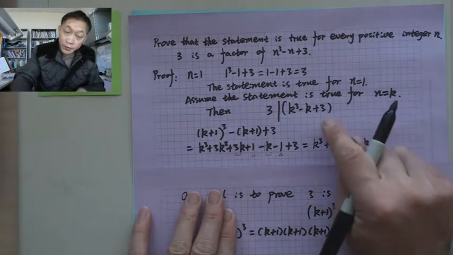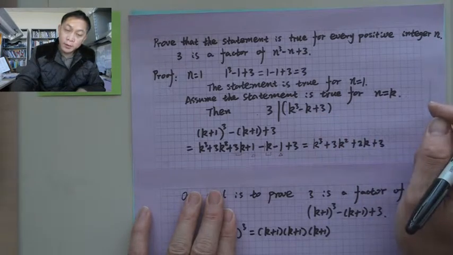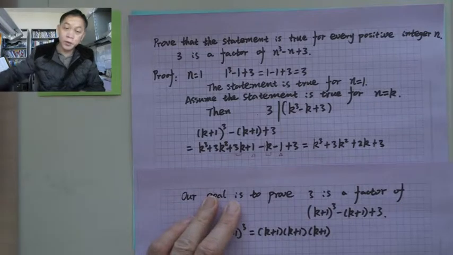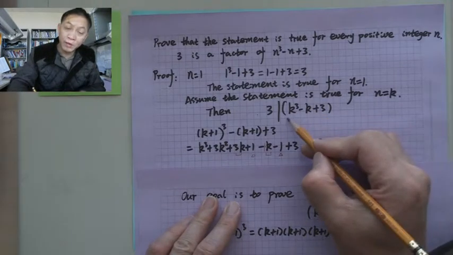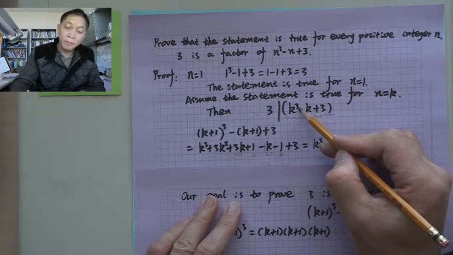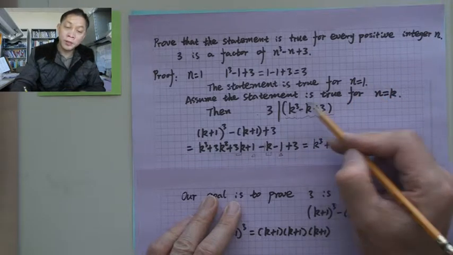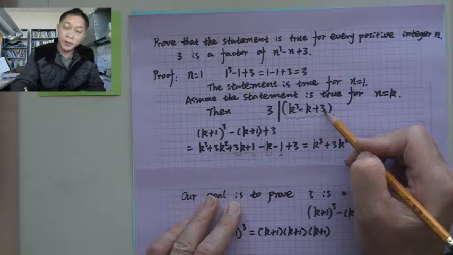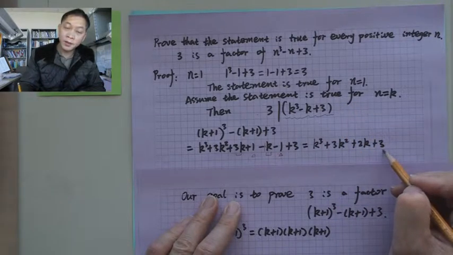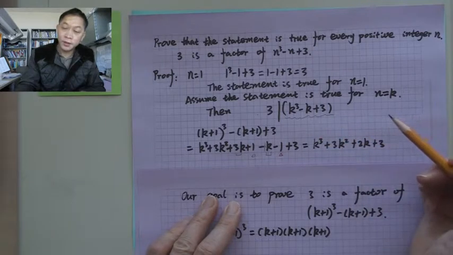Now you're going to use this one. That's the deal. How to use it? Because we assume this is true, we have to use it. Here it has k cubed, and here it has 3. We have a k cubed and a 3 here, but we don't have a minus k.